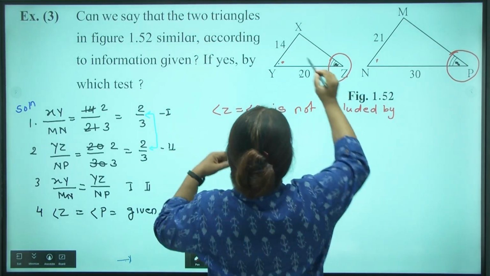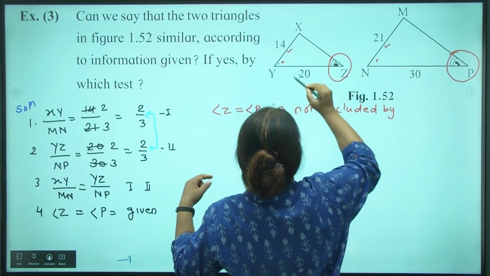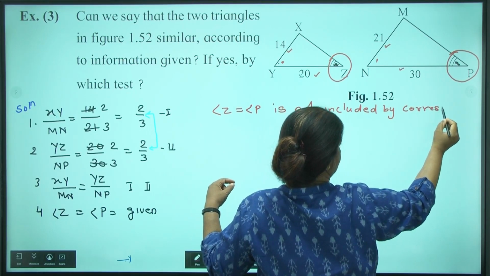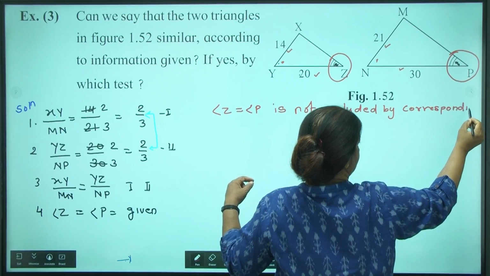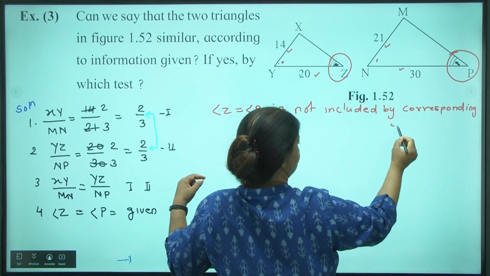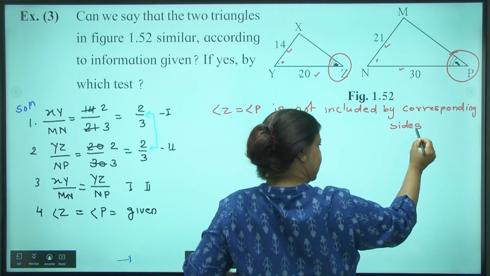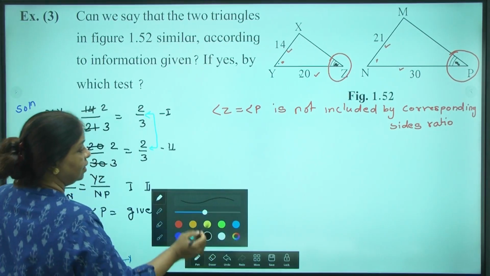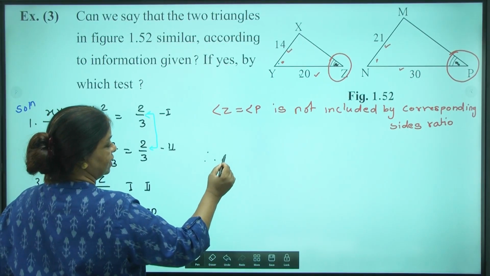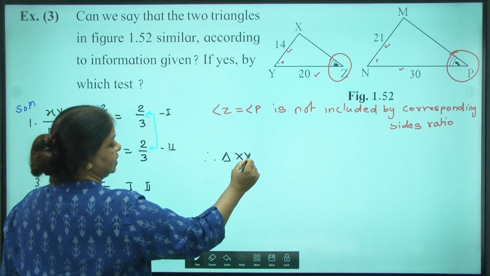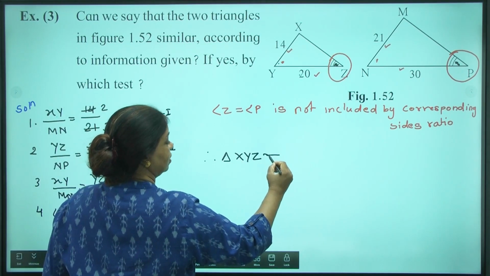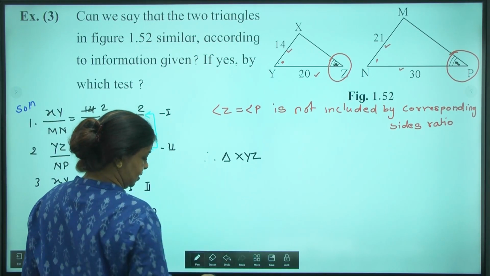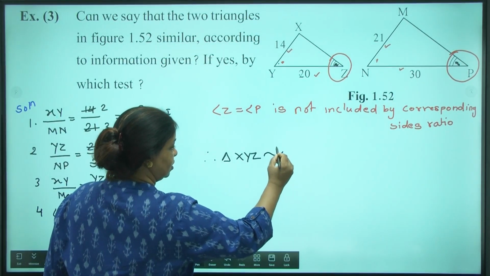by corresponding side ratios, and therefore triangle XYZ is not similar.